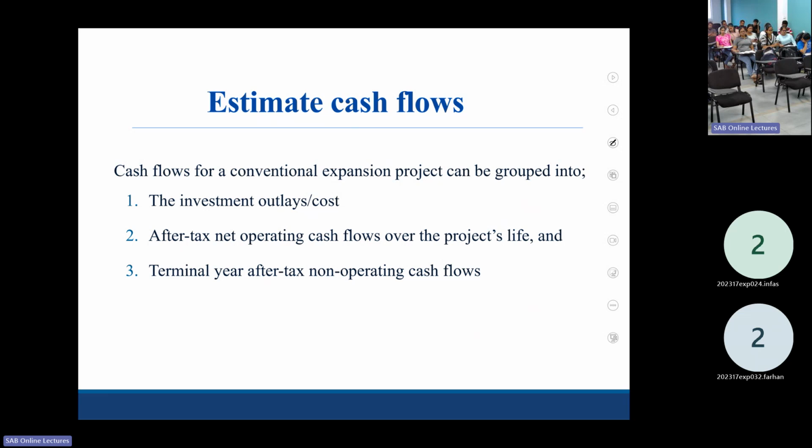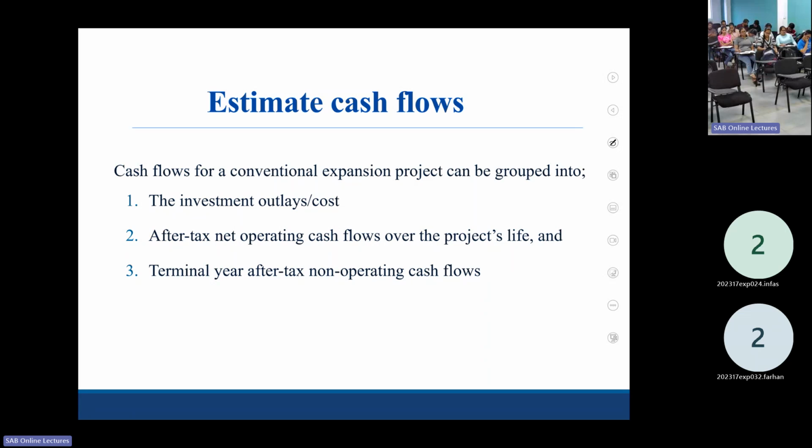When you are estimating the cash flow for a project, three types of cash flows you have to identify. In simple format, one is the cost of the project, then incremental cash flow throughout the life of the project, and the terminal cash flow. So you can see investment cost, the initial cash flow of the project, then after-tax net operating cash flow over the life of the project.